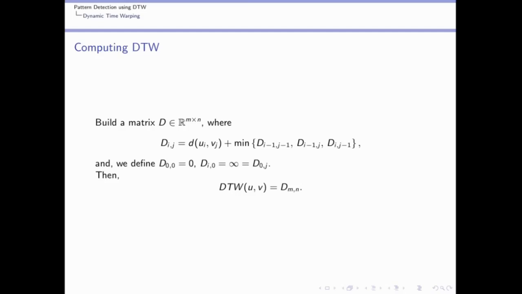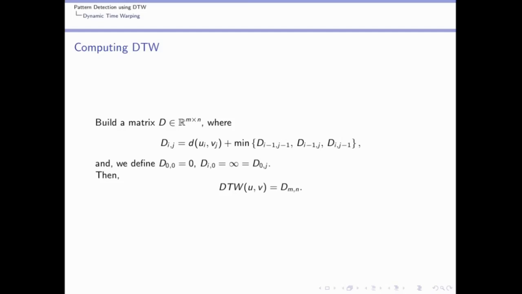So to move on to how we compute the dynamic time warping, it's actually an example of a dynamic programming problem where we can divide the problem of matching U and V into problems of matching vectors up to Ui and Vj, so the first i coordinates of U to the first j coordinates of V. And the cost will be represented by the entry ij in the matrix that we construct recursively or iteratively, depending on how we choose to do it.